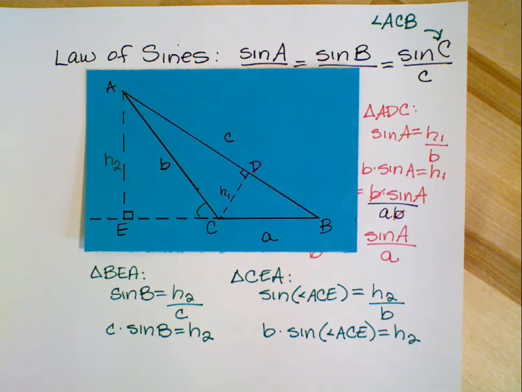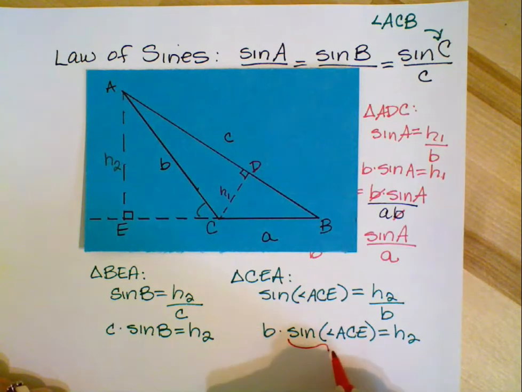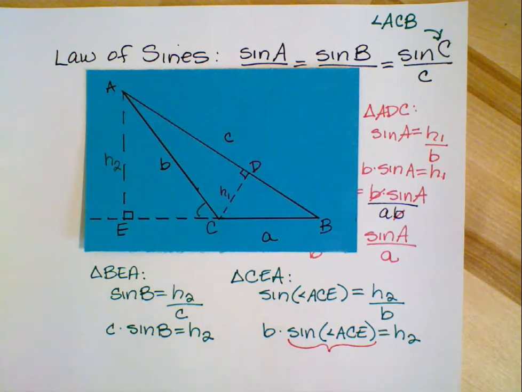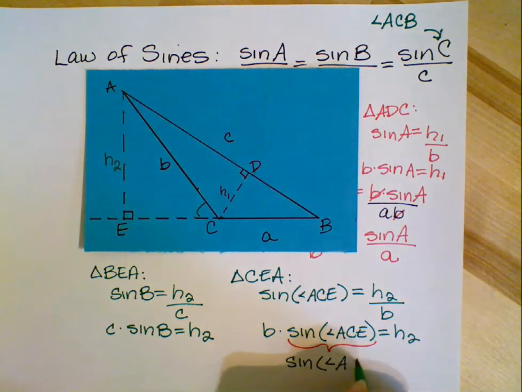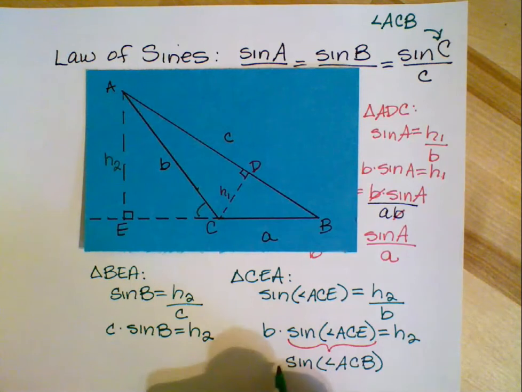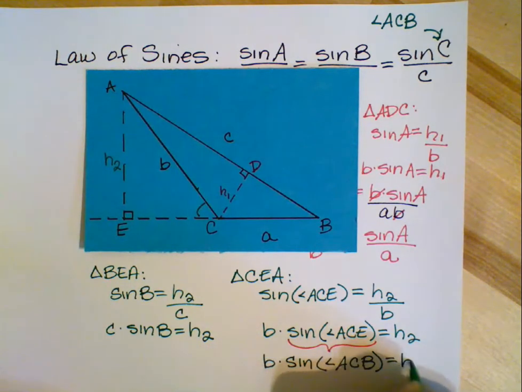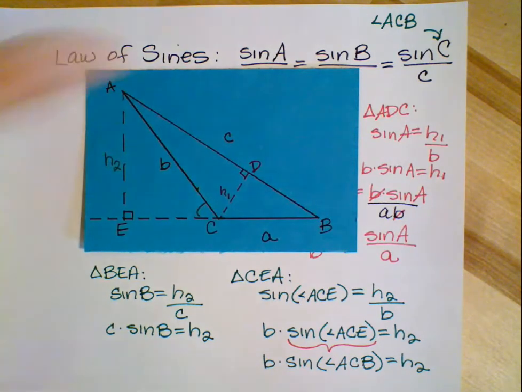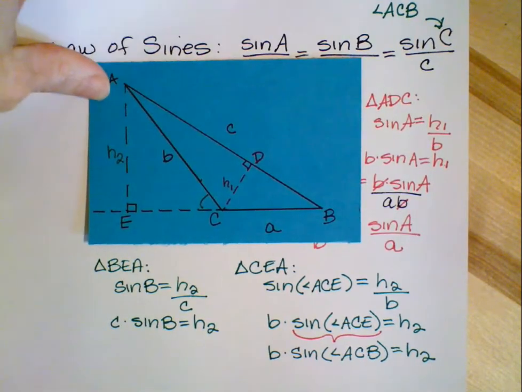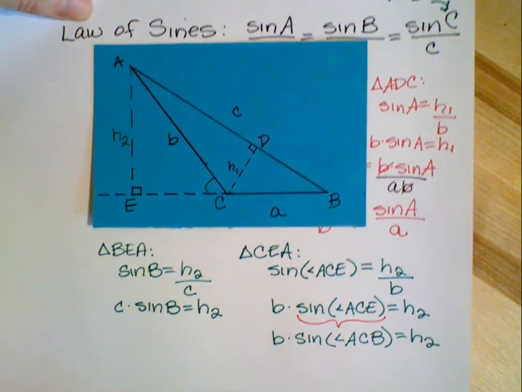So for that reason, since the sine of angle ACE is equal to the sine of its supplement, we can replace this sine of angle ACE with the sine of its supplement, angle ACB. Now to understand that, you have to fully understand how sines of supplements work. If you're struggling with that, then that's something you'll need to research or contact someone about a little further.